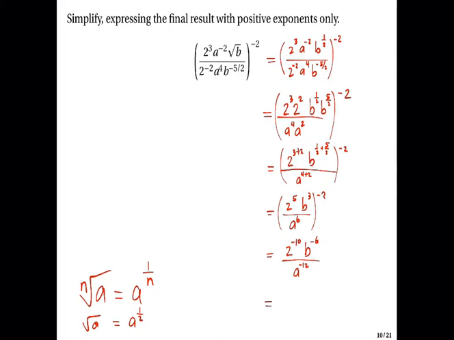And therefore, your final expression should be a raised to 12 divided by 2 to the 10 b to the 6. And then you can find the exact value of 2 to the 10, or you can leave the final answer as it is. So this is the final expression for this one.